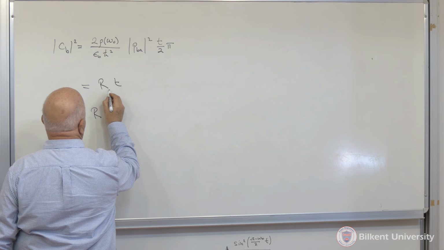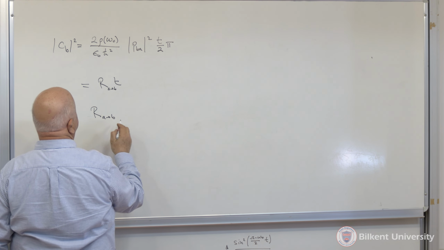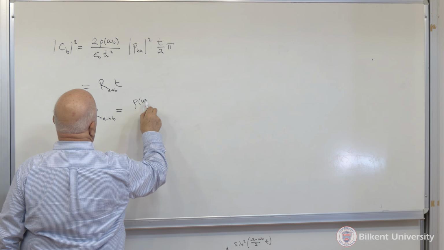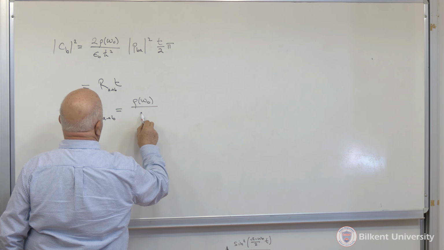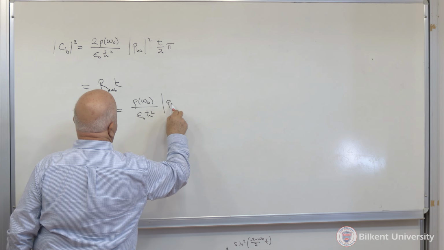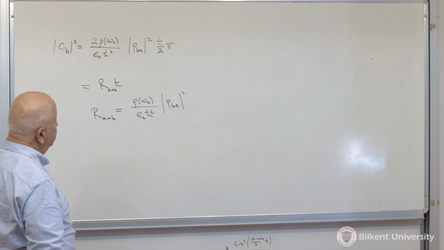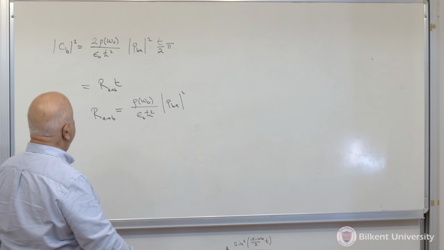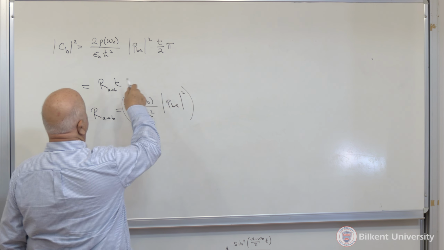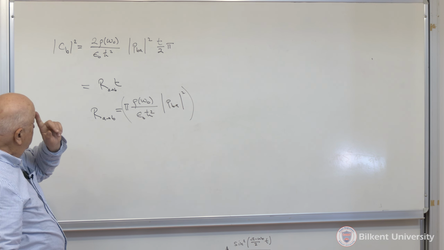Let me put it as A going to B. So that transition rate is going to be equal to rho of omega 0, epsilon 0, h bar squared, the matrix element or the dipole moment between states A and B, times pi, times t. Okay, the 2's cancelled.